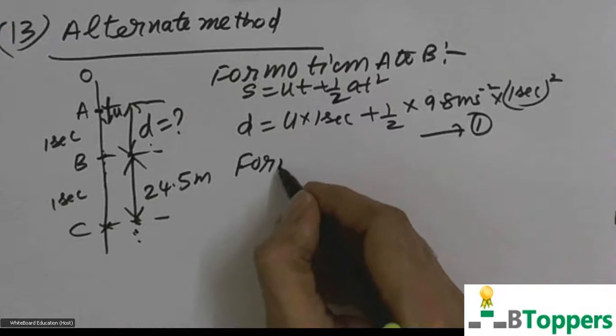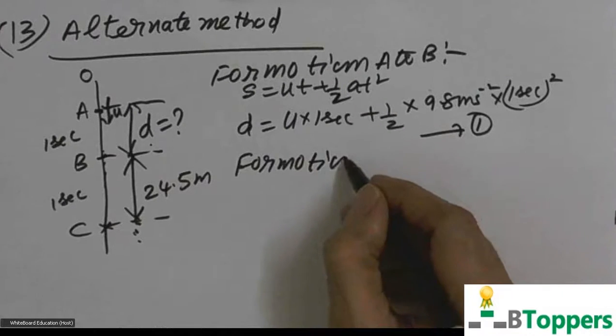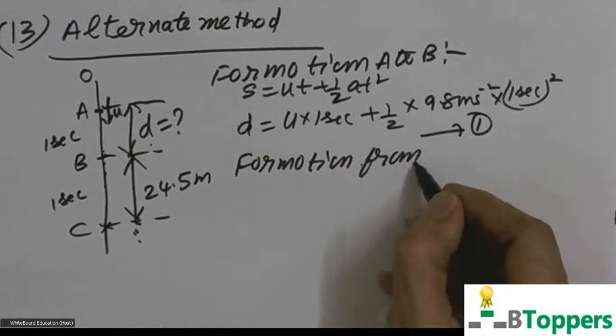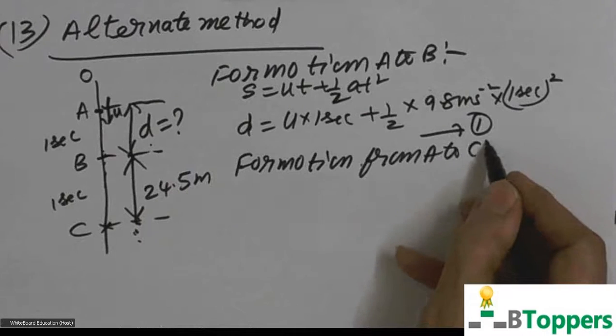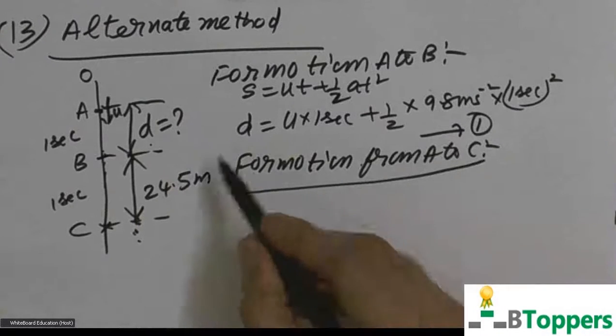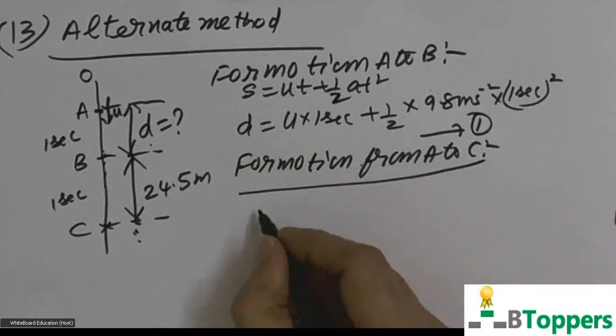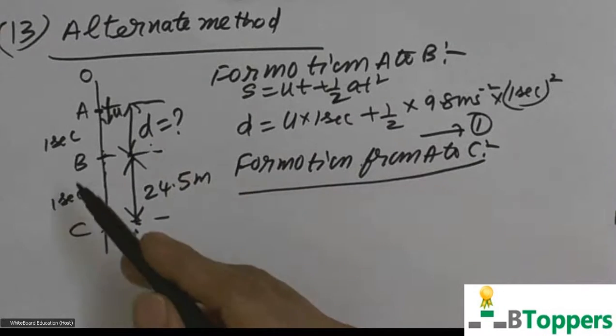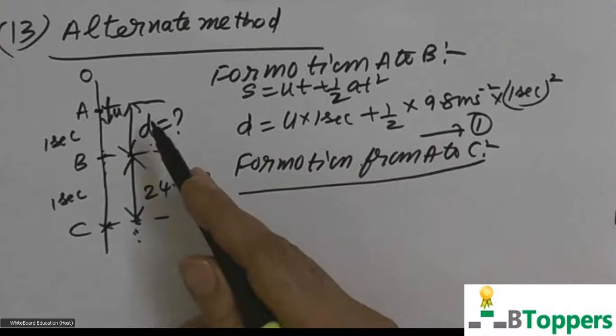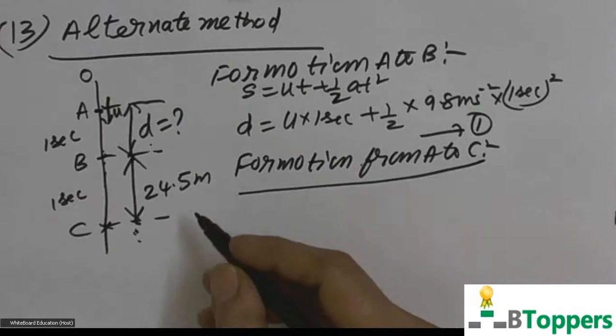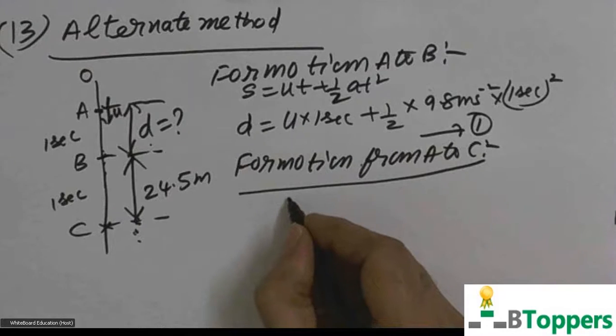Next, you consider the motion from A to C. For motion from A to C, the initial velocity at A equals u. The time of motion from A to C will be 1 second plus 1 second, or 2 seconds. The displacement s equals d plus 24.5 meters.